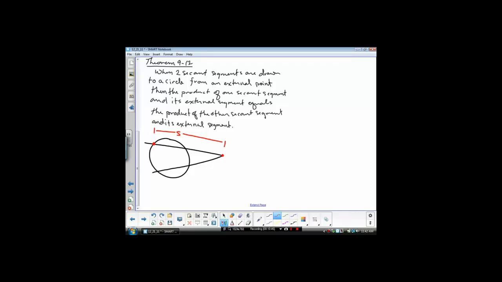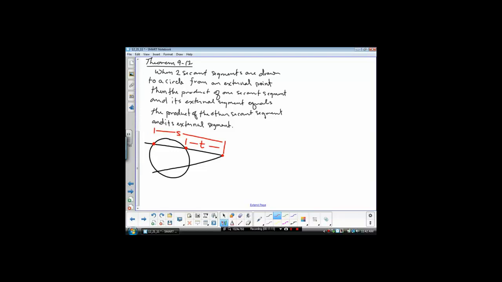The external segment then is the distance between this first point on the circle and that point. So we're going to call that length T. So again, T comes between these 2 points right there, and S is that whole segment.